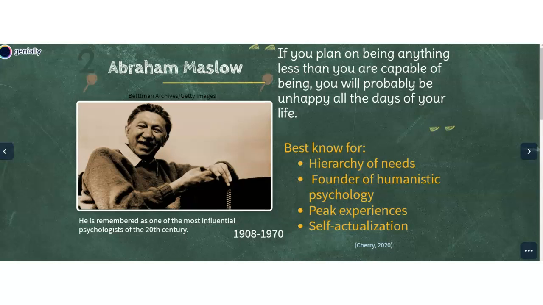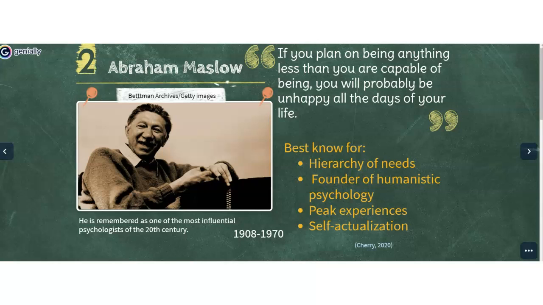Maslow is remembered as one of the most influential psychologists of the 20th century. He was born in 1908 in Brooklyn, New York, to Jewish parents who emigrated from Russia. He described his early childhood as unhappy and lonely. He earned all three of his degrees in psychology from the University of Wisconsin.